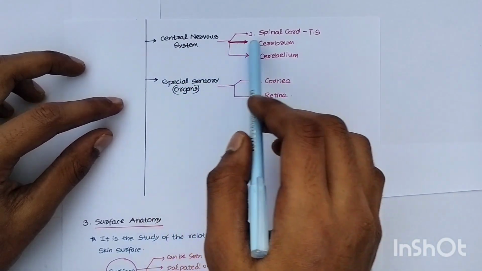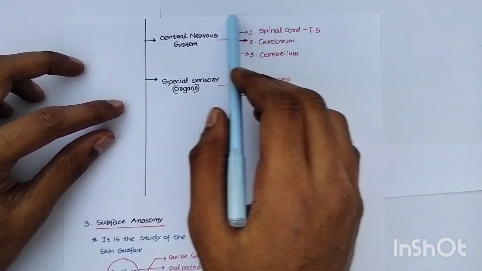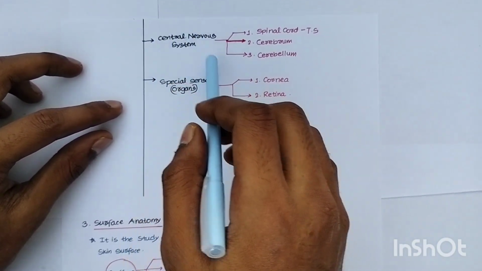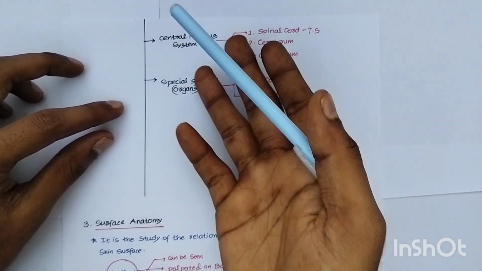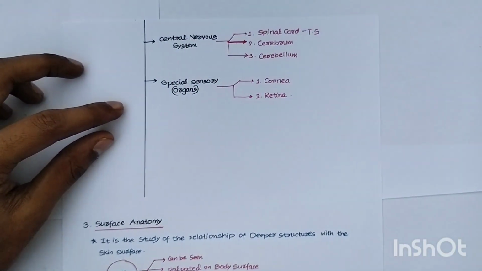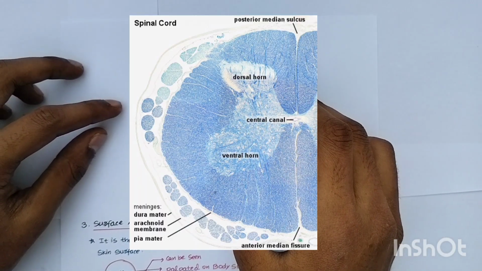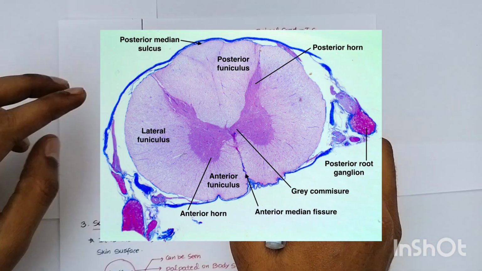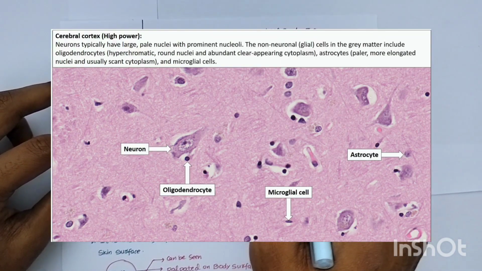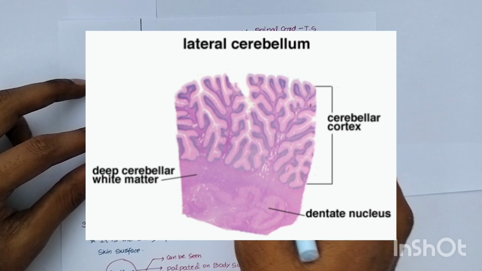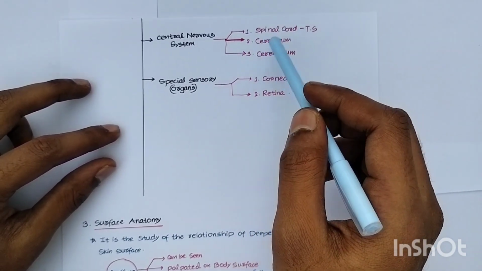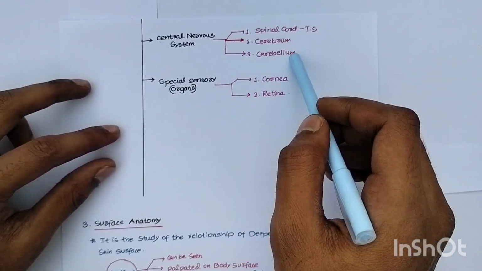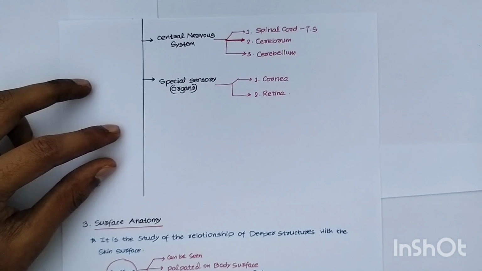The central nervous system is very important. If you become a neurosurgeon or surgeon, it will be very useful. For the spinal cord, you should know the transverse section and how it is microscopically arranged. And the cerebellum, you should know. Neurons, how the cell bodies and their axons are located in the brain, you have to know.